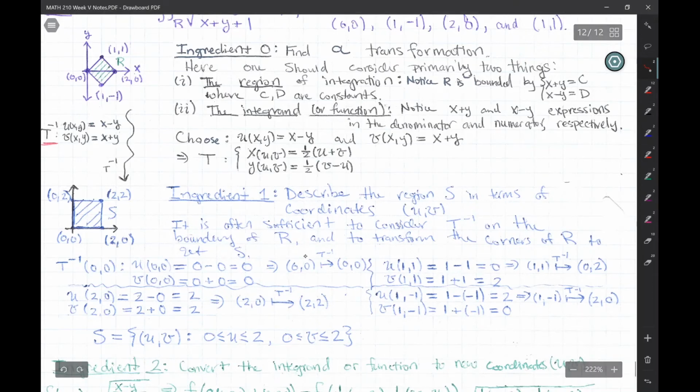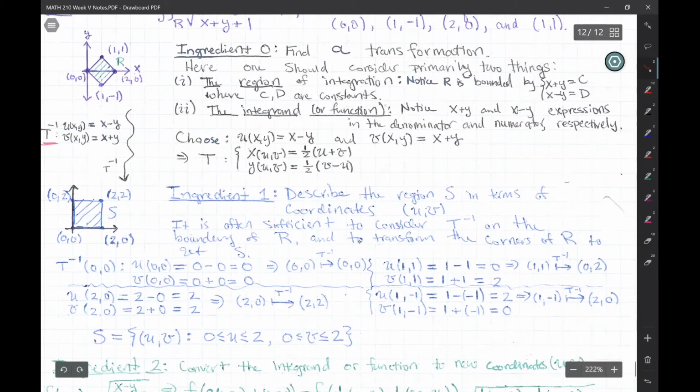Now, how do we get our region S? If we already have our region R, we apply the inverse transformation. It's often sufficient to apply the inverse transformation just around the boundary. In fact, pretty much just the corners will typically give you a good idea of what your new region of integration S should look like. So that's what we're going to do.